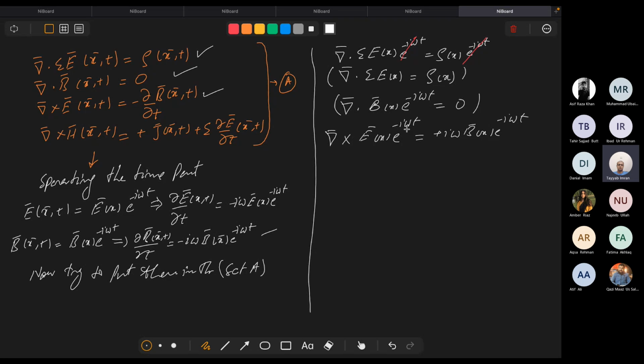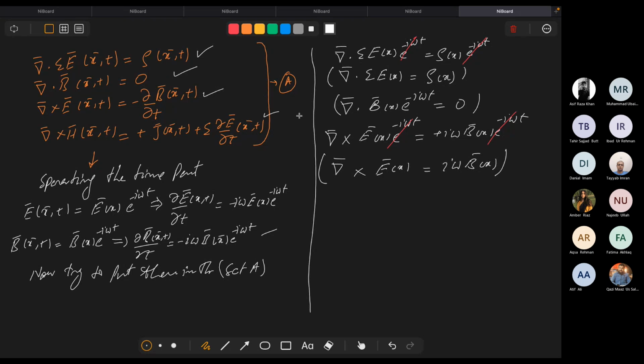So here also these things will go away, and your equation will be like this one. So there are also no time components here, at the moment.